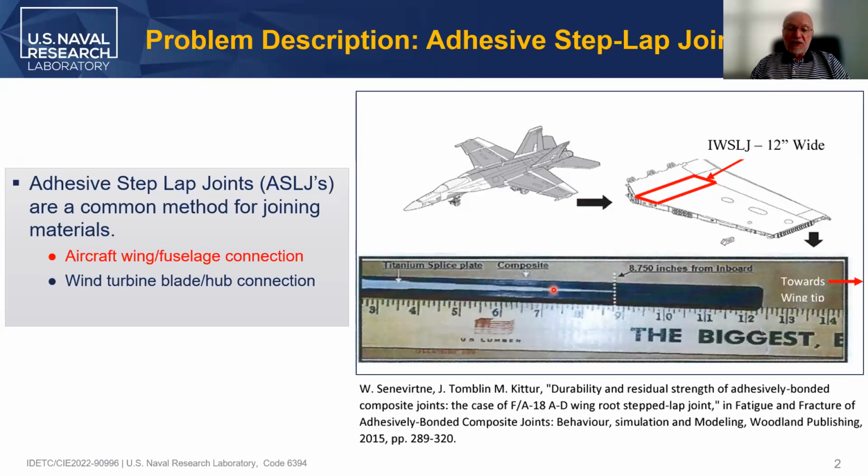This is a technique we use in other industries as well, like the wind turbine industry, where we have two materials that we need to connect together, and we have to use an adhesive to play that role.